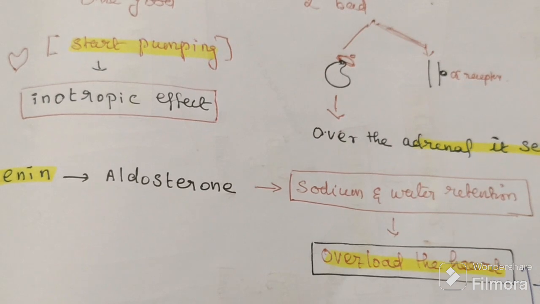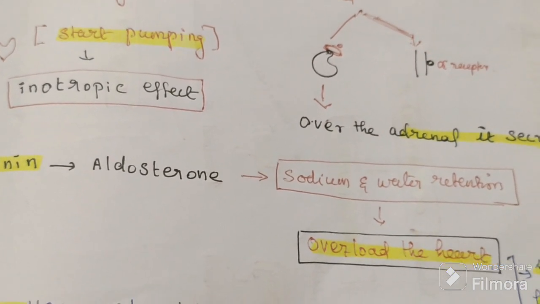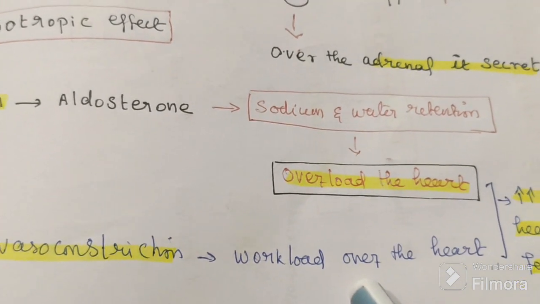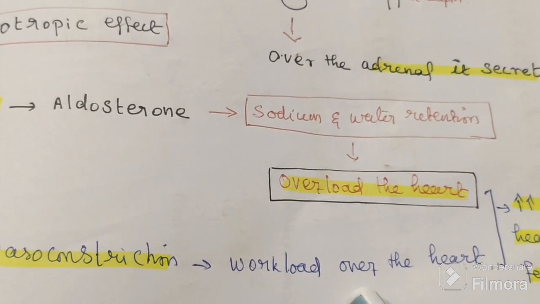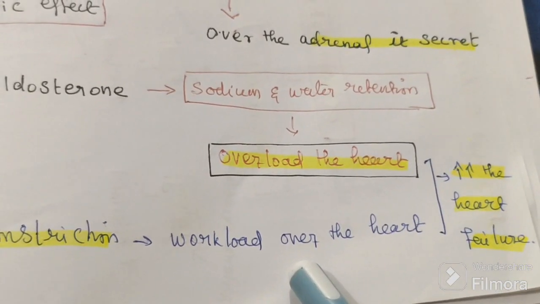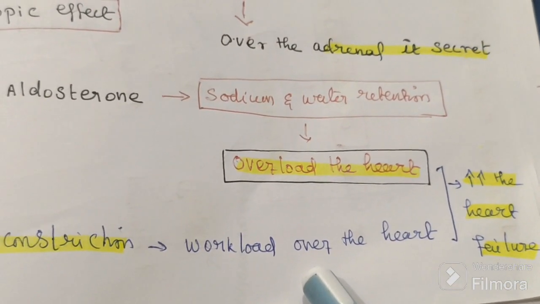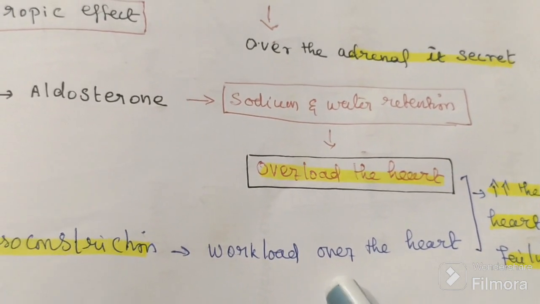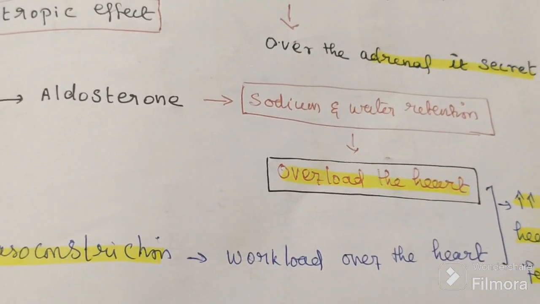In a failing heart, it will cause sodium and water retention. Renin will cause sodium and water retention and increase blood pressure. This is bad because the heart is already failing, and it increases the workload on the heart.